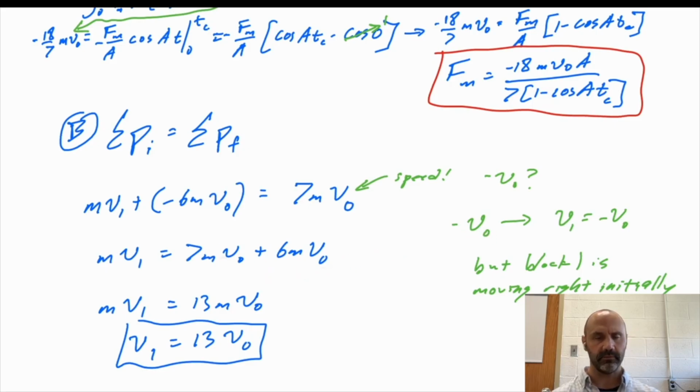Negative v naught would be v1, which would mean that the 6m block and the 1m block were both moving at v naught. There would never be a collision. They would never actually hit each other. But we know that block 1 is moving right initially, so this can't be the possibility. So we know it's moving to the right, and so here's our expression: v1 equals 13 v naught. So that's the first question.